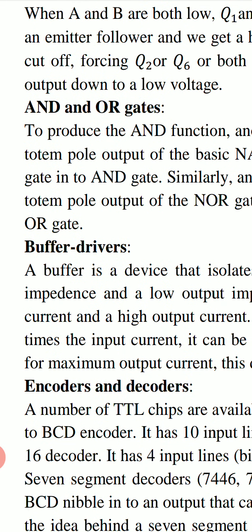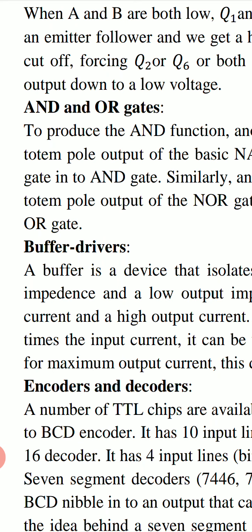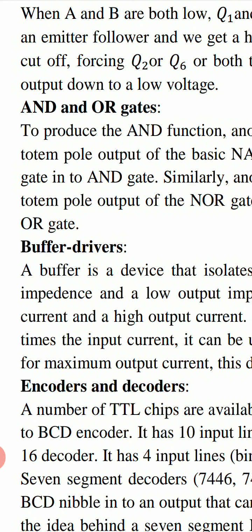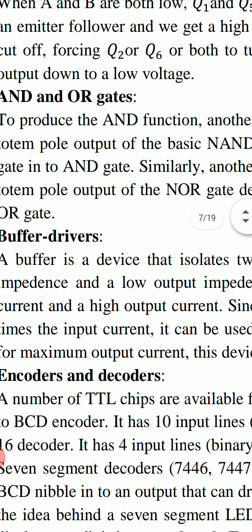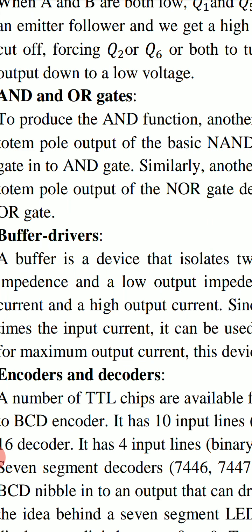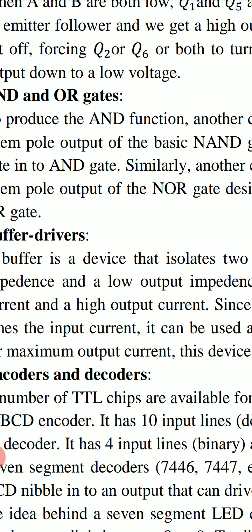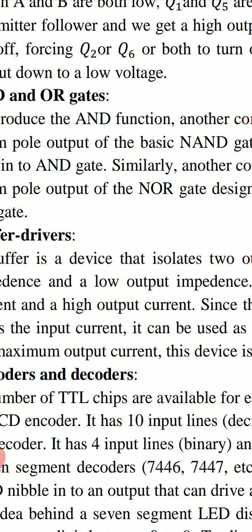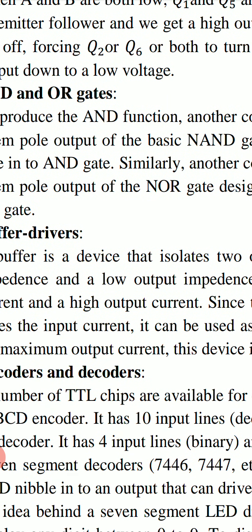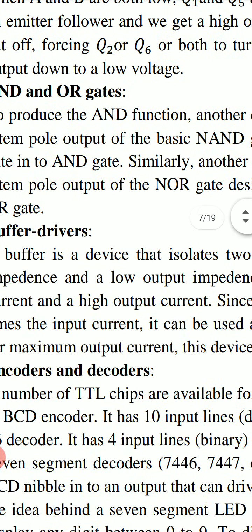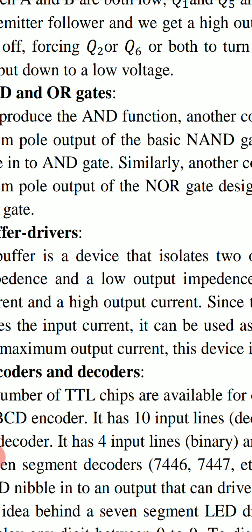Similarly, to get OR gate, we will use circuit of NOR gate, and in the circuit of NOR gate we will use a common emitter transistor which is used for inversion before totem pole output, and NOR gate with this inversion, that is equal to NOT gate, becomes OR gate.